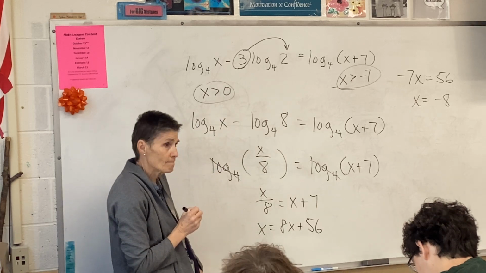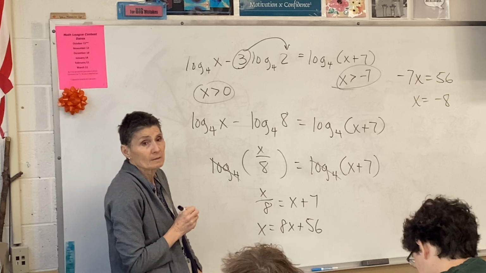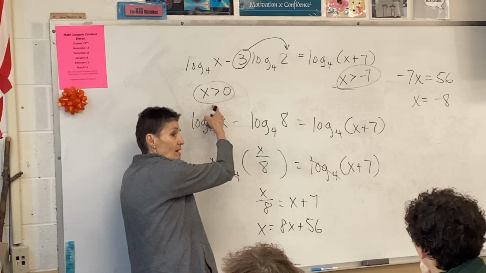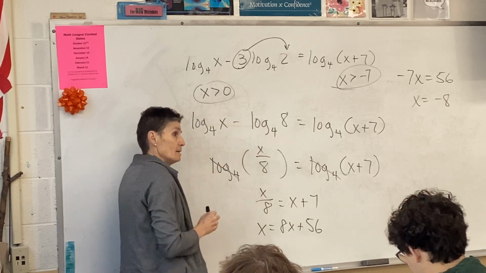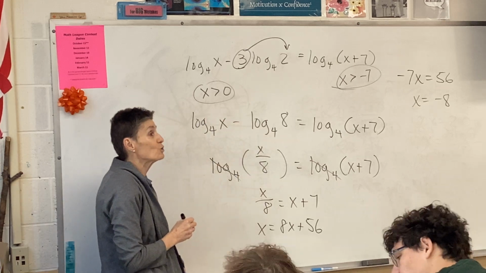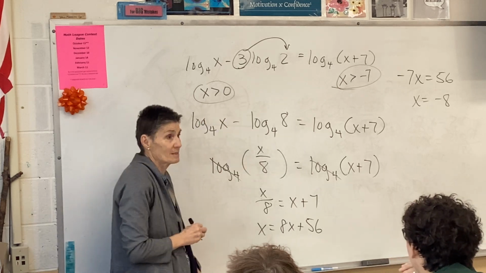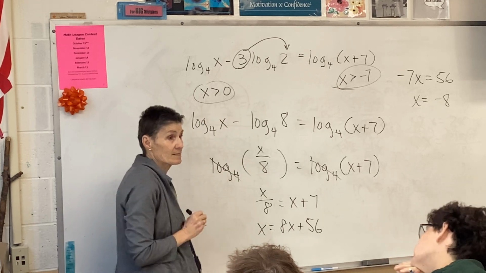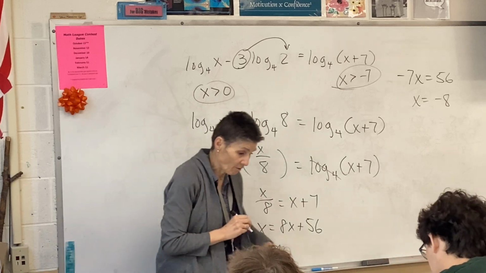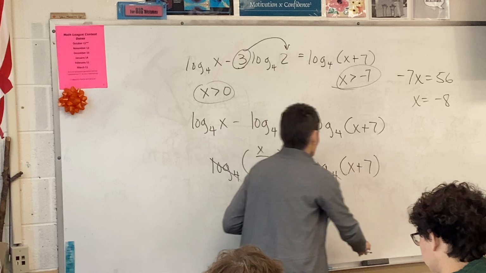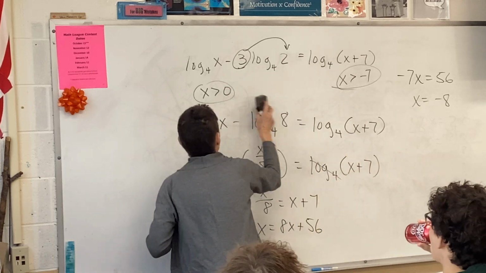Is that okay? But what? Remember, you wrote this down right from the very beginning. In order to be workable, mean anything, this problem, all your x's have to be positive. And that's not. So you just did all that work, and what's the answer to the question? No solution.